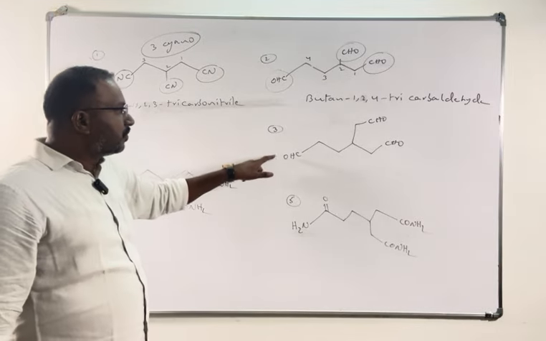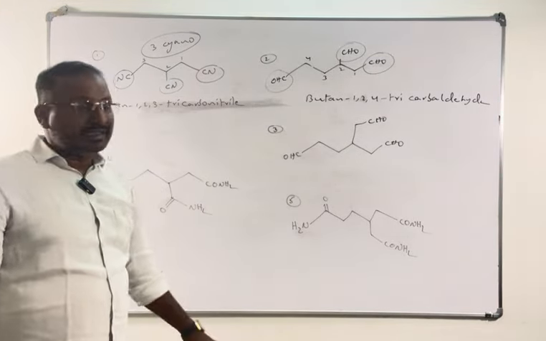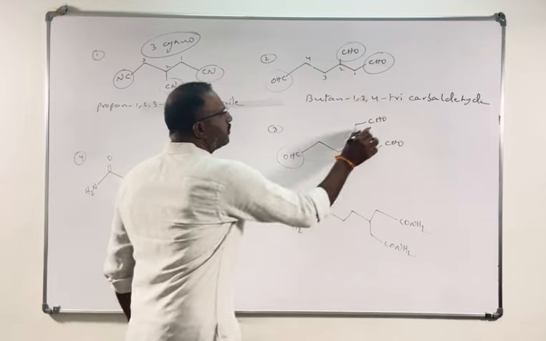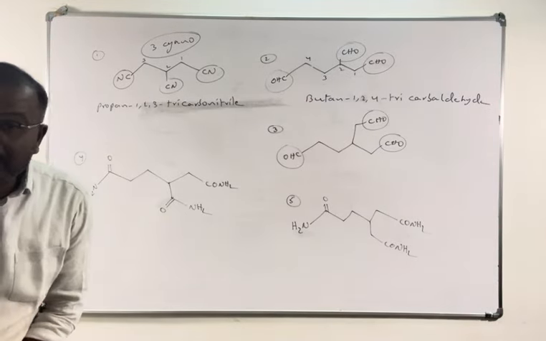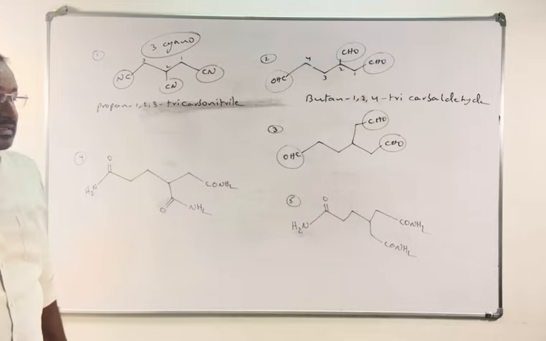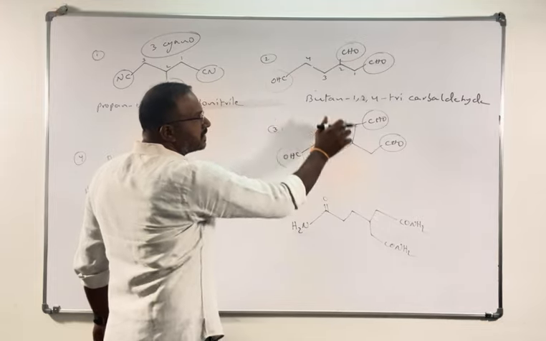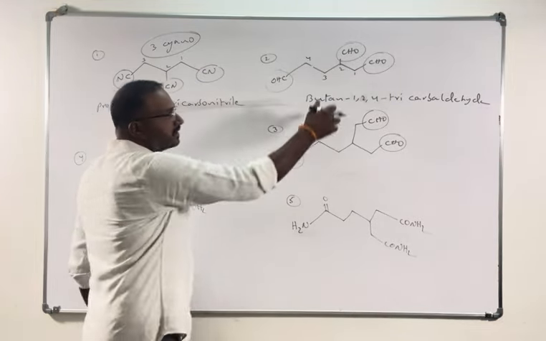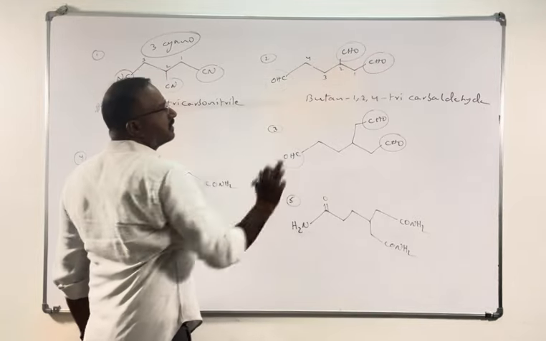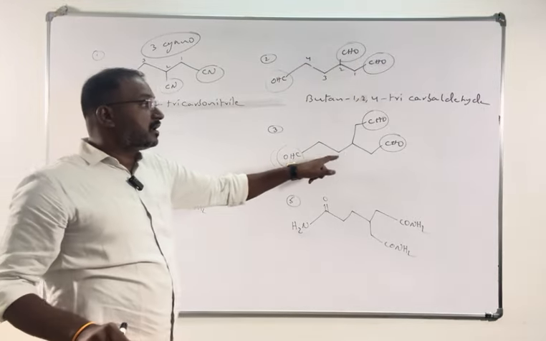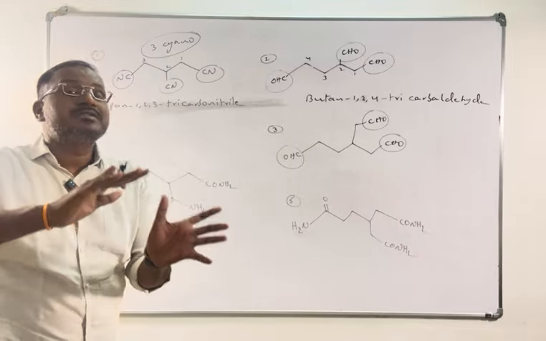Now, let's go to the third example. Here also there are aldehyde groups, but one small difference is there. This CHO group is not directly linked to the main chain. The first and last CHO groups are attached to the main chain, but the third is not; it is on a side chain, on a substituent.